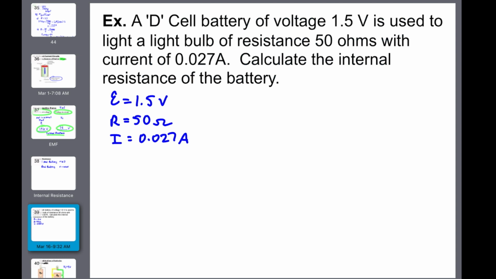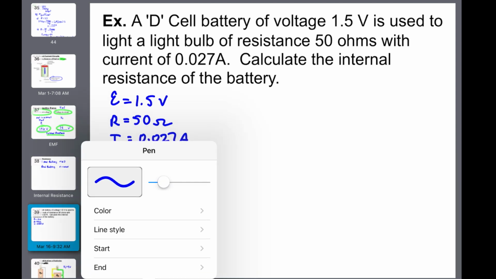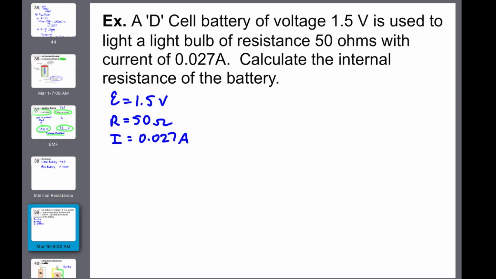Now let's consider an example. We have a D-cell battery of voltage 1.5 volts used to light a bulb of resistance 50 ohms with a current of 0.027 amps. Calculate the internal resistance of the battery. First of all, let's diagram the circuit to represent an internal resistance.